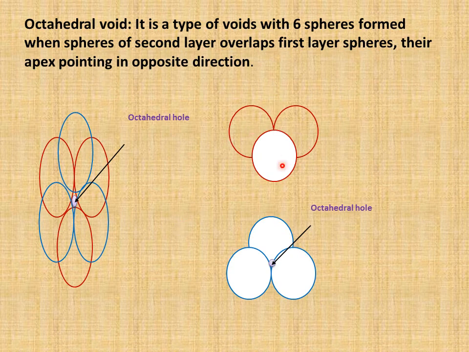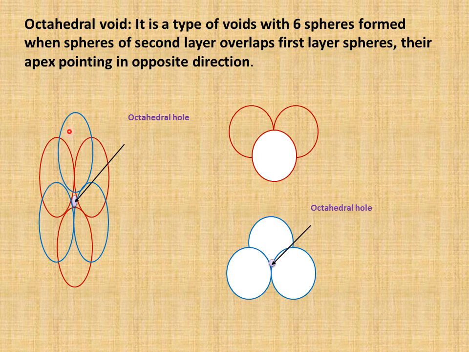If this is a triangle, the apex of the triangle is pointing towards you, students. If this is a triangle, the apex of this triangle is pointing away from you. See, the blue colored spheres are the spheres of the first layer, and the red spheres are the spheres of the second layer. By arranging the second layer over the first, an octahedral void is formed in such a way.